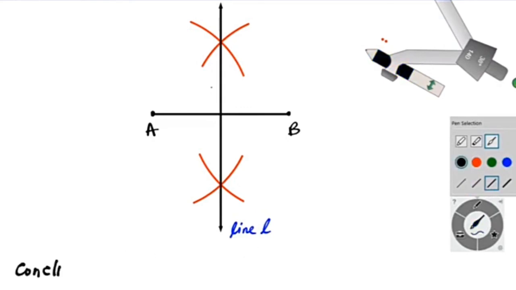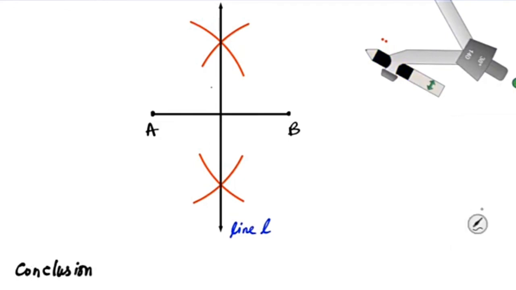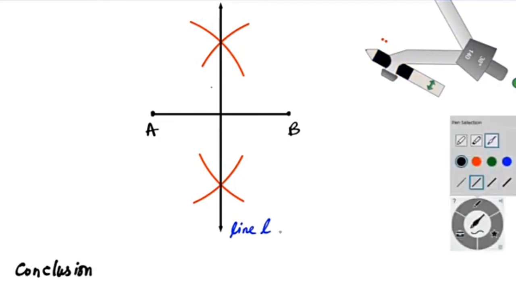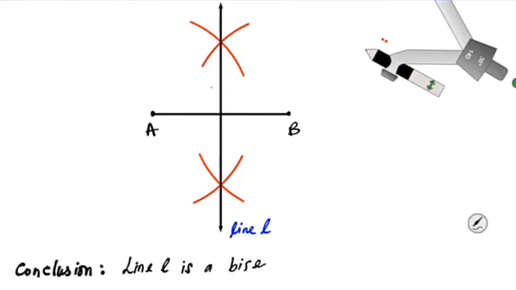So you note that this is our own conclusion. You note that the line L is perpendicular to AB. So the line L is a bisector of AB, in another word.